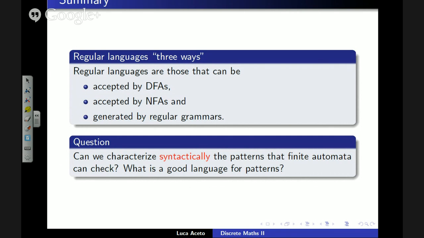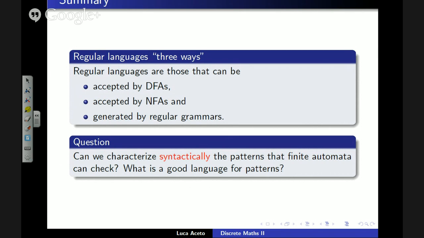So if someone asks you, here's a language, is it regular? Well, to convince that person that the language is regular, you can either show her a DFA that accepts that language, or an NFA that accepts that language, or a regular grammar that generates that language. There would be 3 different ways of actually showing the same thing.